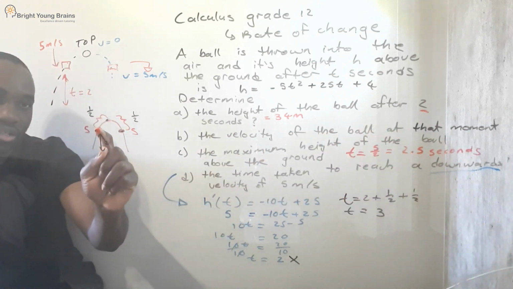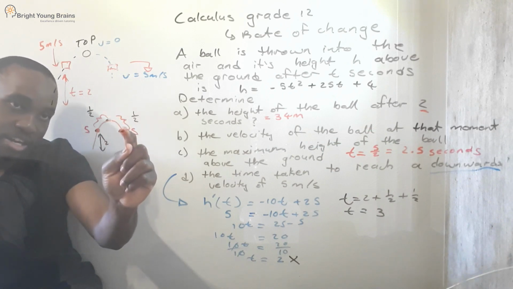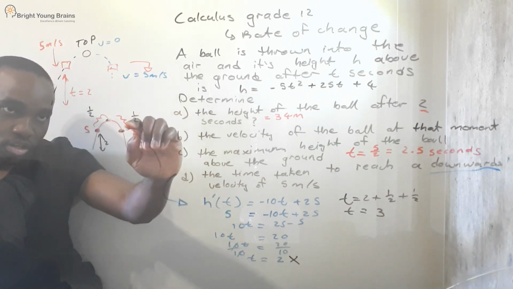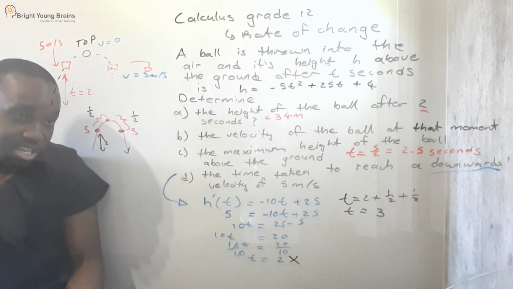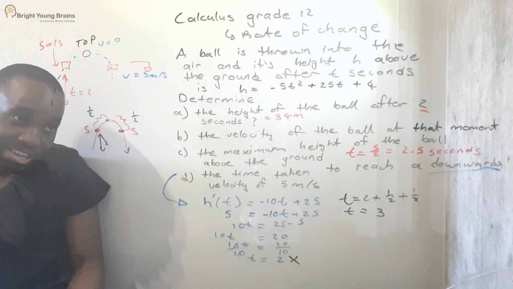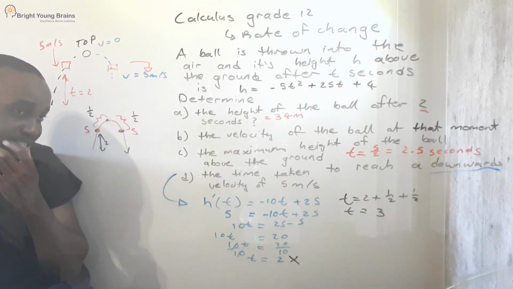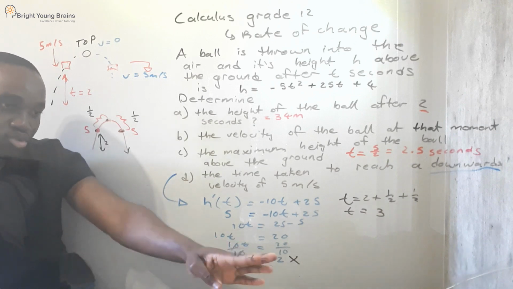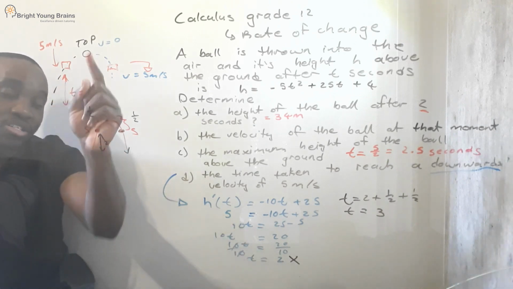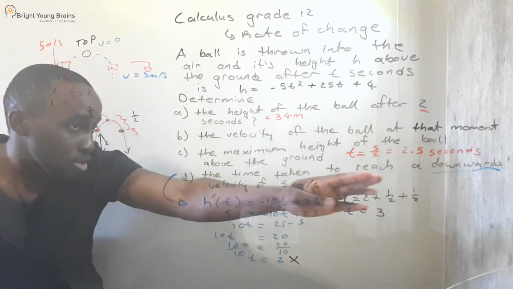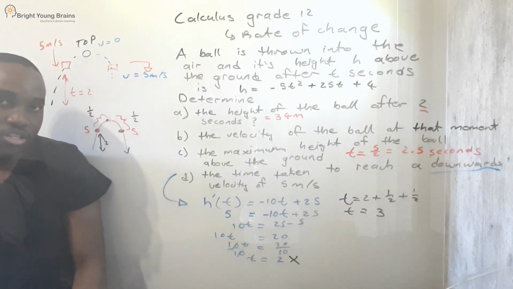So it was 2 seconds to get to 5, half a second to get to the top, and then it will take half a second again to return to 5 meters per second on its way downwards. So D was roughly the most complicated question here, but you want to look out for stuff like that in an exam, because clearly 2 cannot be the answer. At 2 seconds the ball is still going up, so it cannot be the time taken to reach the downward velocity.